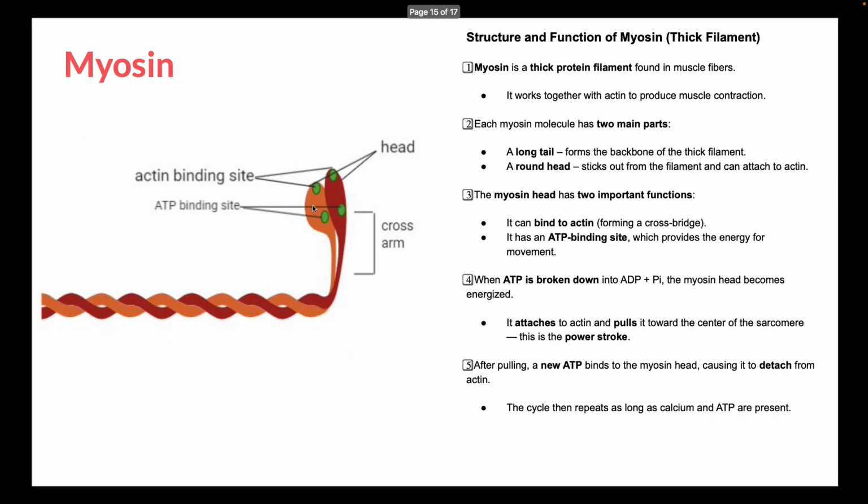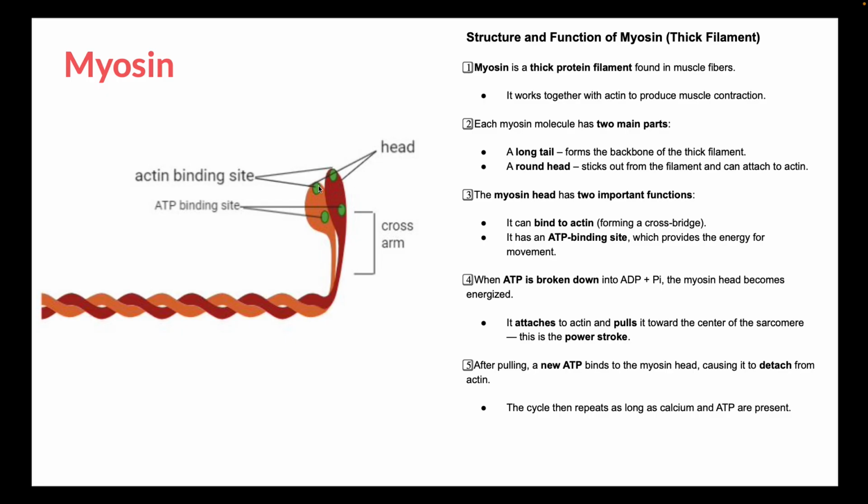So let's move on. This is myosin. It is also one of the protein filaments in the sarcomere responsible for contraction in our muscle. Myosin is just a long strand of protein with a head, and the head has two binding sites.